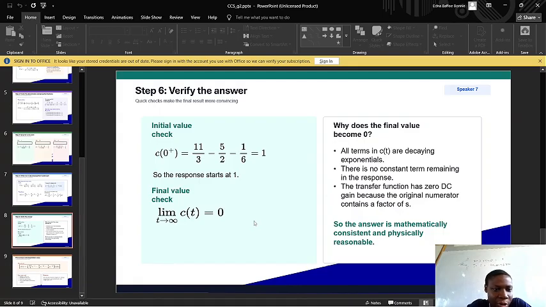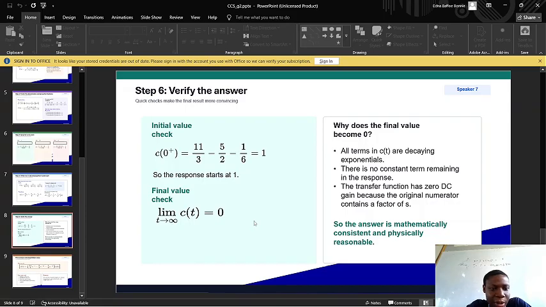After substituting the constants back into the partial fraction form, each term is now easy to convert. We use the standard rule that the inverse Laplace of 1 over S plus a is e to the minus a t.